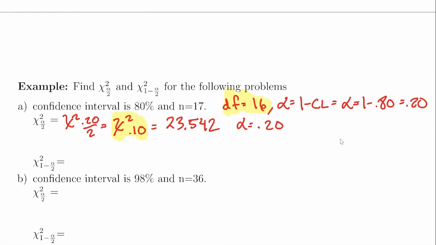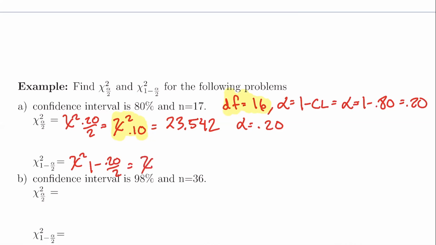All right, next we're going to do chi-square of 1 minus alpha divided by 2. We already know what alpha is, so we'll say chi-square of 1 minus 0.20 divided by 2.